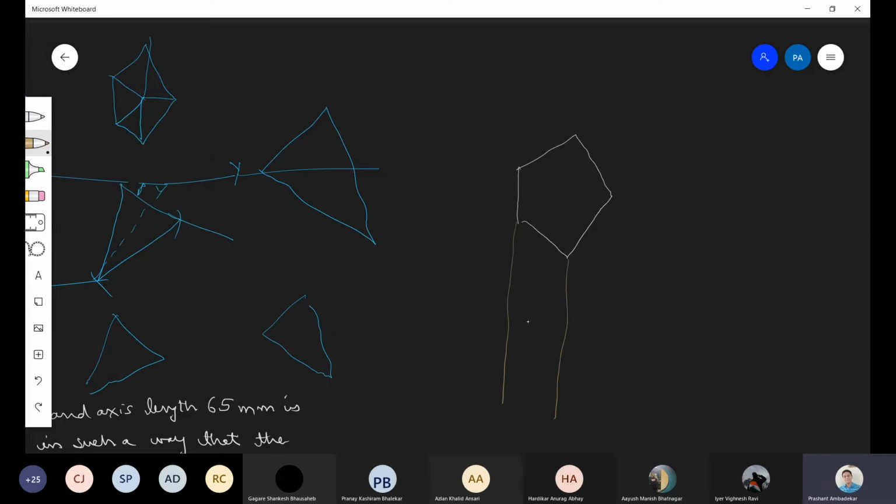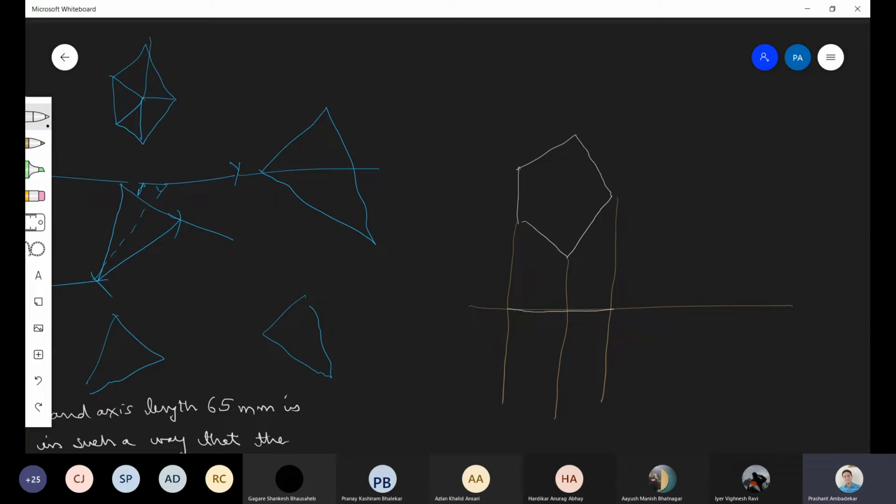So if I project it like this, here I can draw the top view, but I don't know the apex point, so I can at least draw this much.